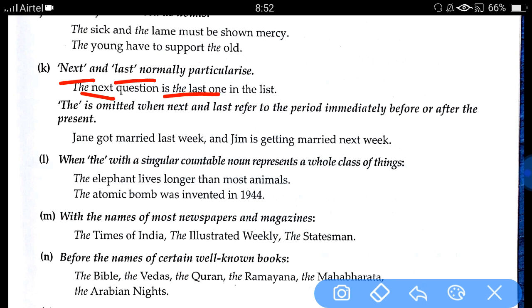So we have the next and the last, along with numericals. Next we have when the with a singular countable noun represents the whole class of a thing.